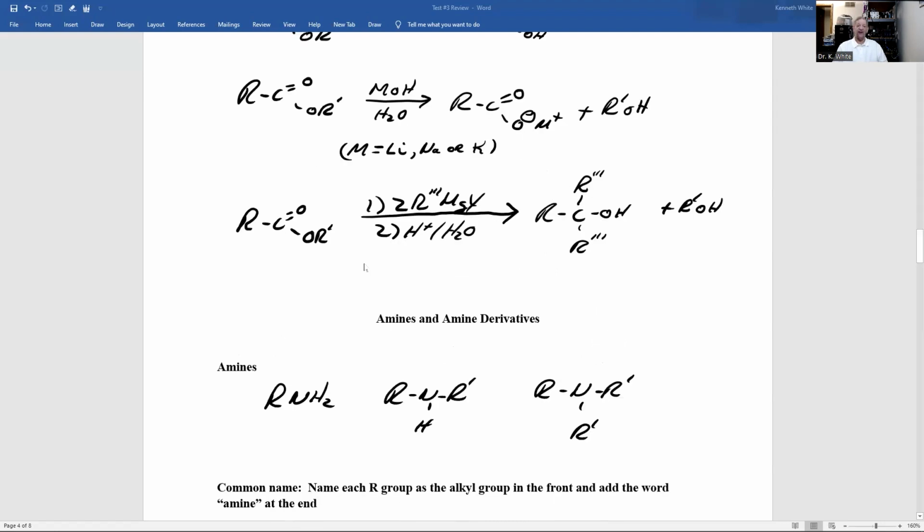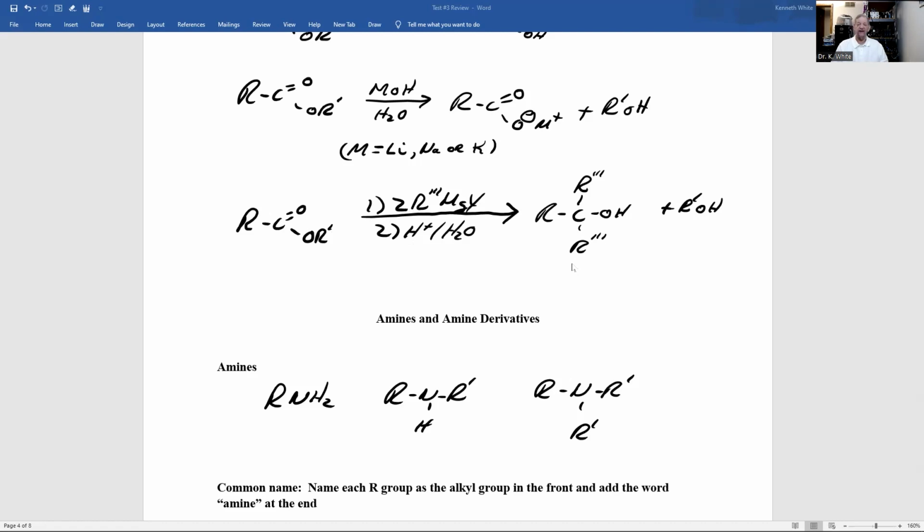Now, my favorite one, you know, Dr. White loves Grignard reactions, is if you take an ester and react it with 2 moles, that's the 2 in front of R triple prime MgX, this Grignard, second step water and acid, you get 2 products.